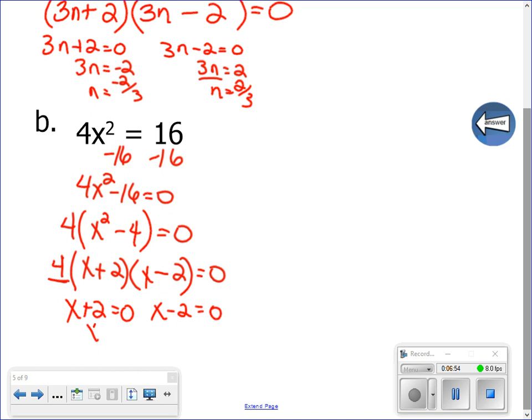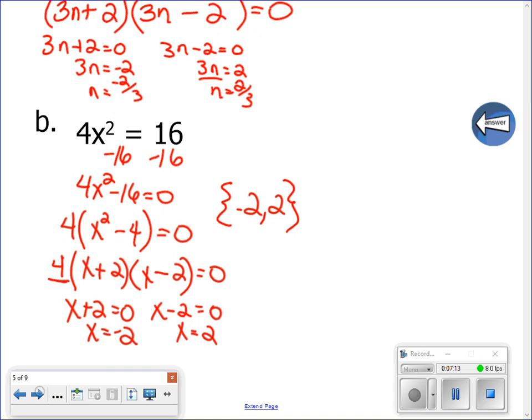We subtract 2, that gives me negative 2. We add 2, that gives me x is equal to 2. And so my solutions for this one would be negative 2 and 2. Again, you want to check it back in the original equation just to make sure that what you get is the correct solution.